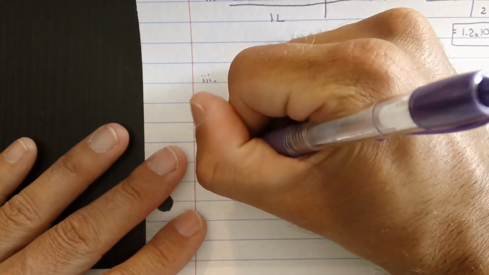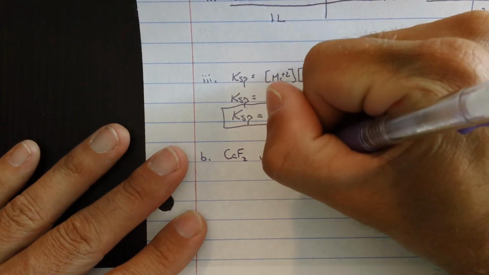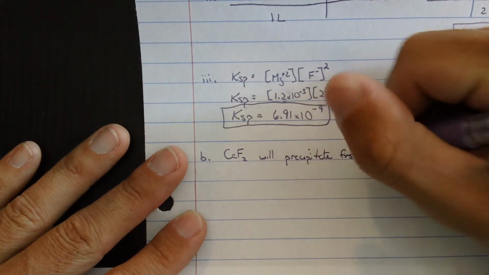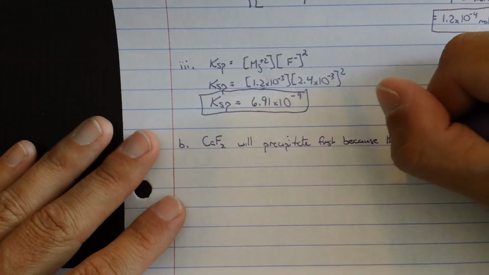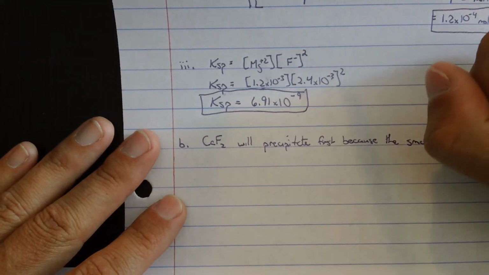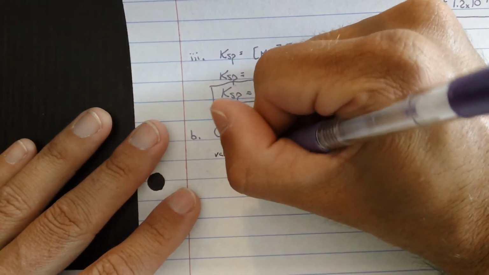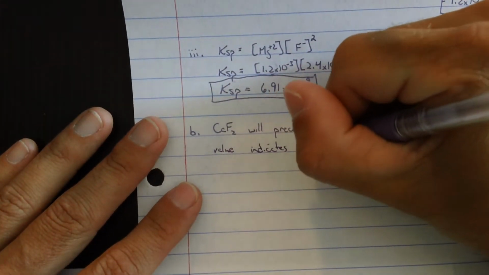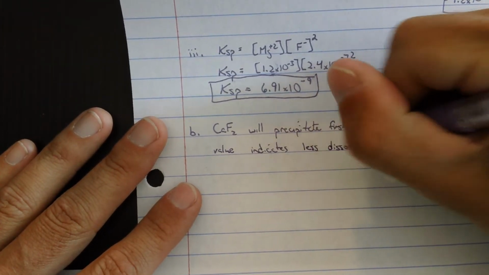This is how they explained it as well. They did it conceptually, not with a calculation. They said calcium fluoride will precipitate first because the smaller KSP value indicates less dissolved salt.